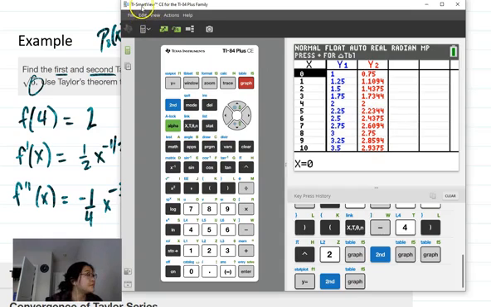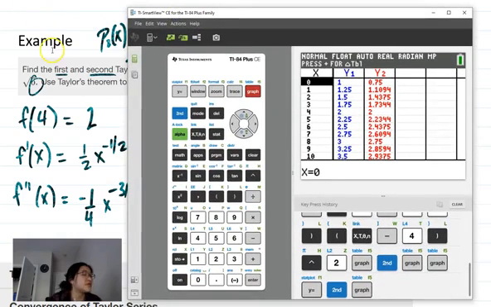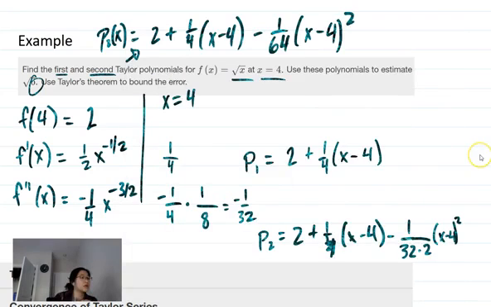So that's pretty cool. And then we need to use Taylor's theorem to bound our error. So what do we do for that? Well, we need to take our next derivative, evaluate there, and see what we get. So let's do it.